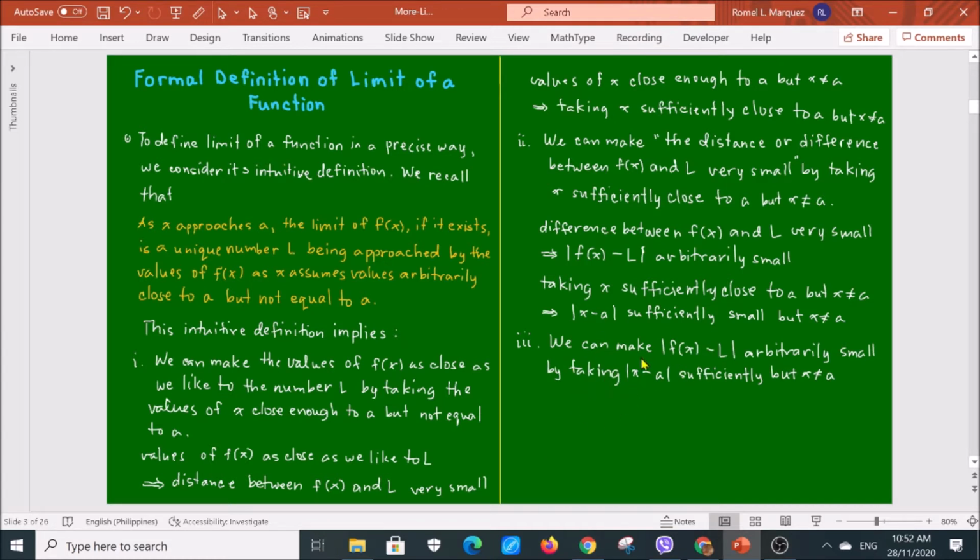So, this phrase f of x minus L, the difference, then take the absolute value so that it becomes distance, is arbitrarily small. What does it mean?